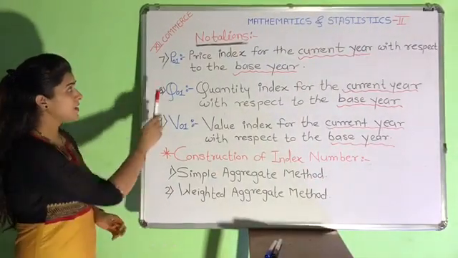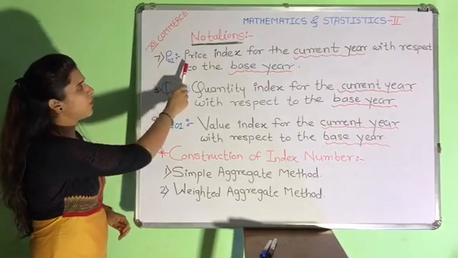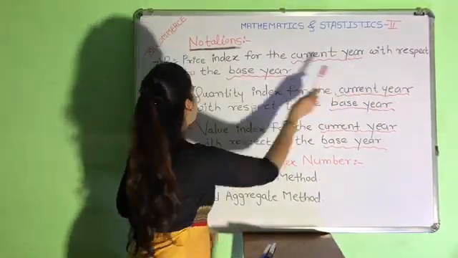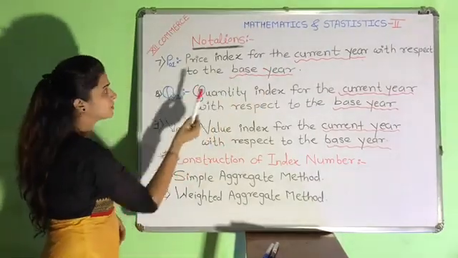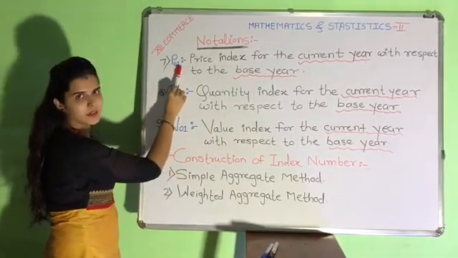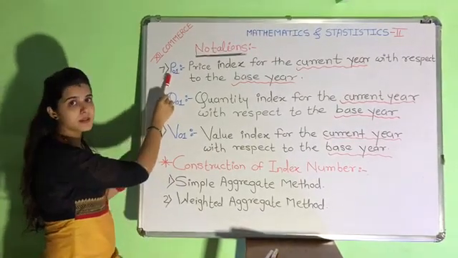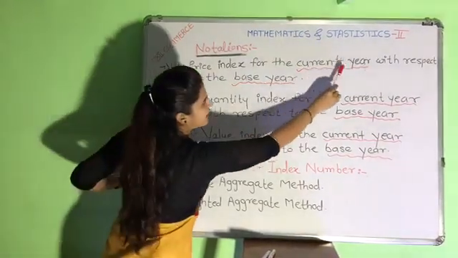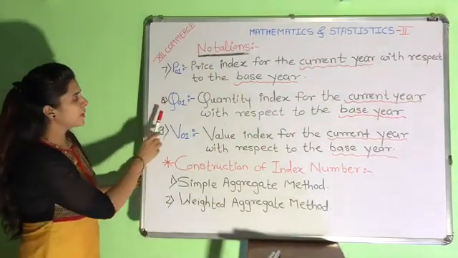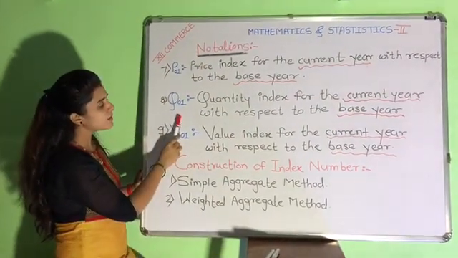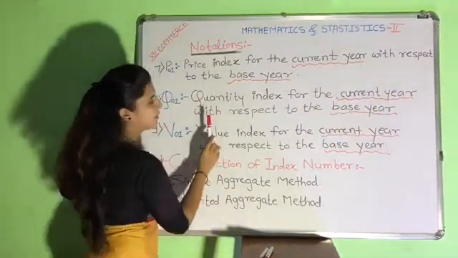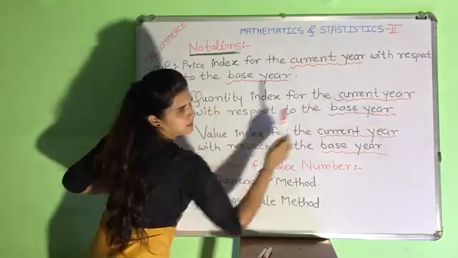Next notation is P01. P01 means price index for the current year with respect to the base year. Now see here, P01, 1 for current year, 0 for base year. So current year with respect to the base year. Next, Q01. Q01 means what? Quantity index for the current year with respect to base year.